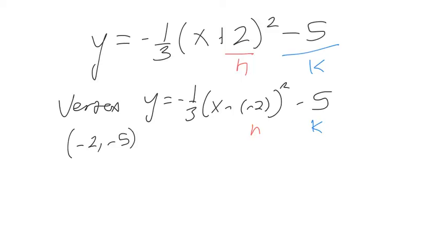If I break this down in terms of the transformations, there are 4 happening here, and I'm going to do them in the order that they're written, from front to back. The first one is a reflection in the x-axis.